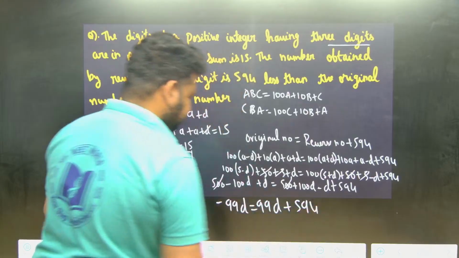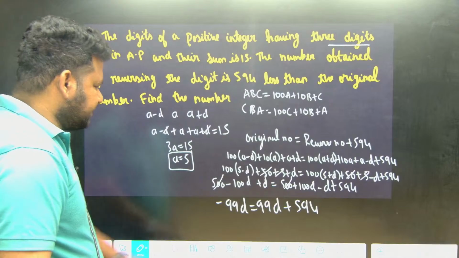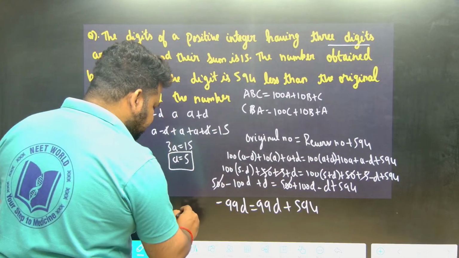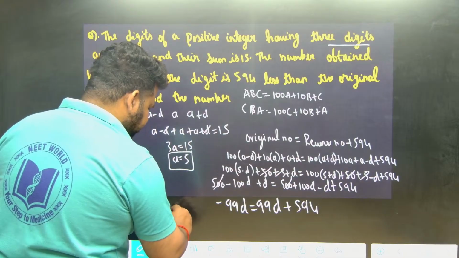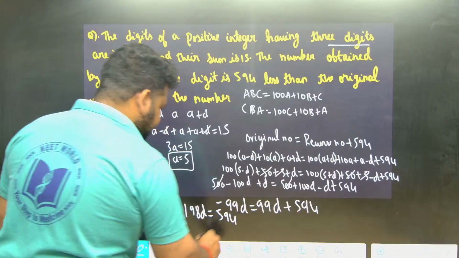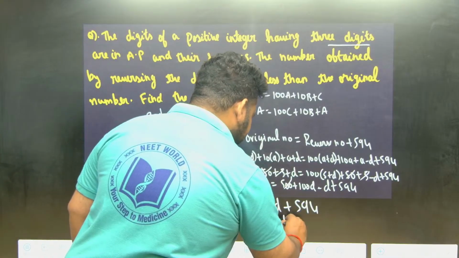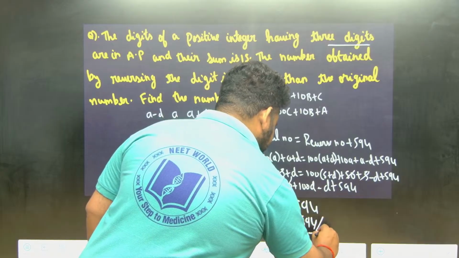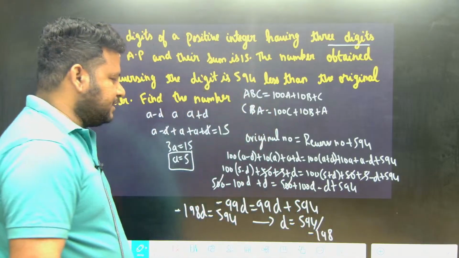If I bring it this side, I will have minus 198d is equal to 594. So what will be the value of d? d will be equal to 594 divided by minus 198.